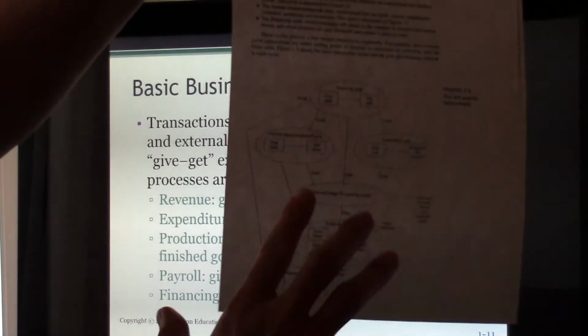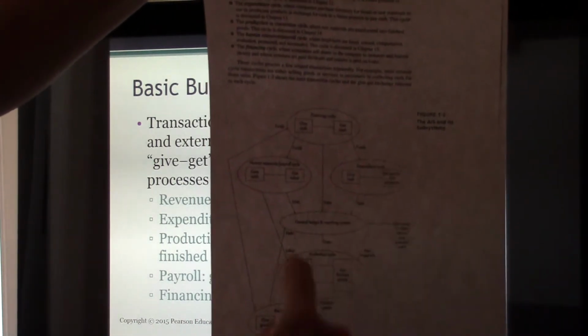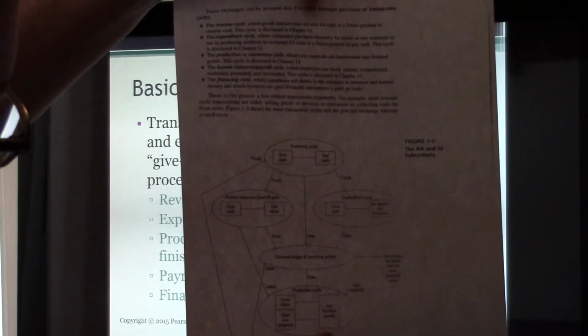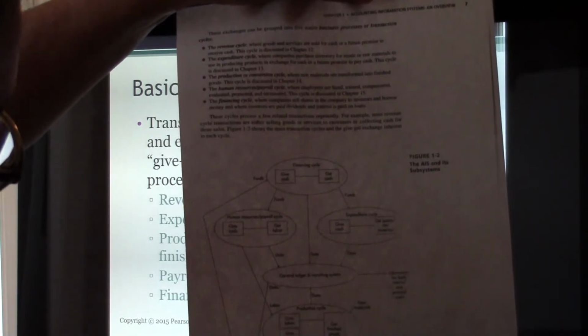All right, 1-2, and if you look at it in your book, you'll see that these processes are commingled, right? They all give each other information. But if you think about it, if we're going to have employees who are working in the production cycle, we have to hire them and pay them, right?